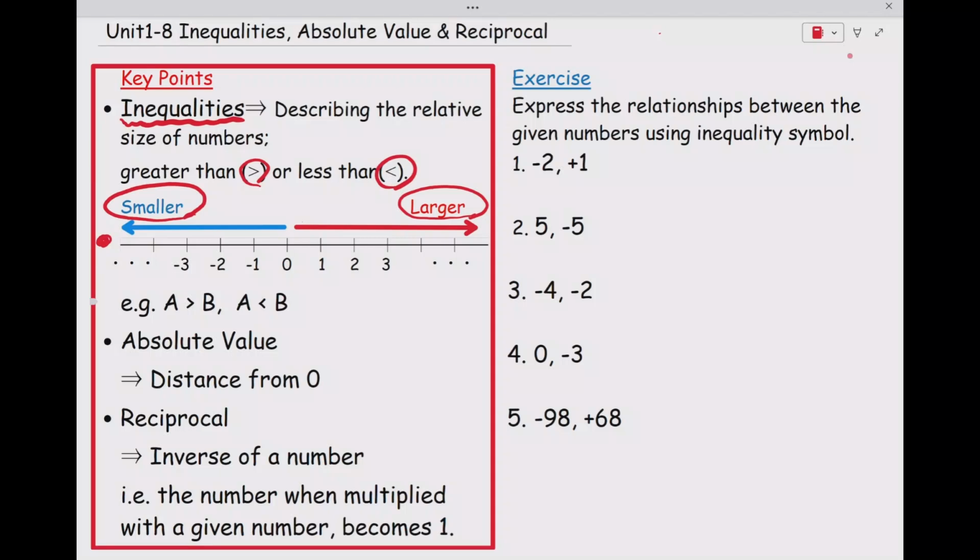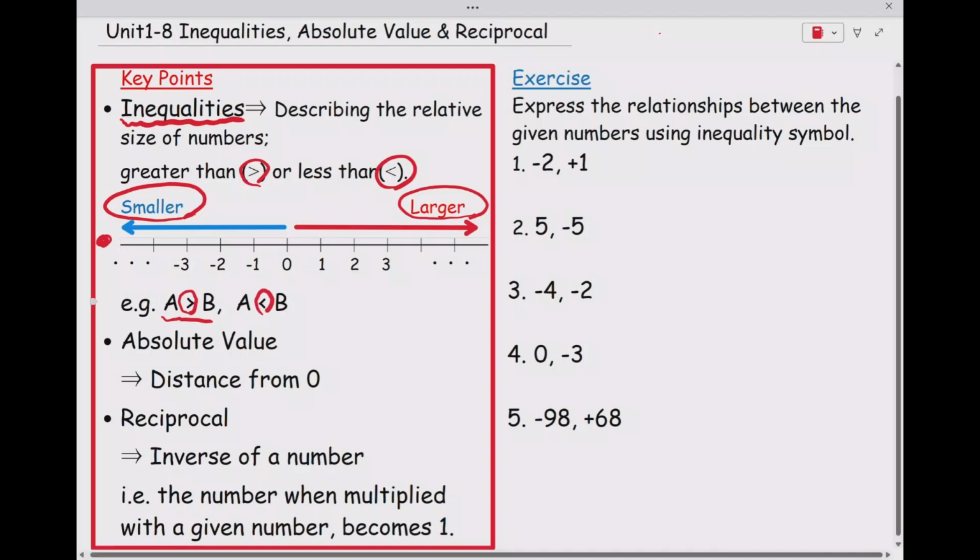For example, for A and an inequality symbol like this and B, it reads A is greater than B. For A and an inequality symbol like this and B, it reads A is less than B. Remember that the number on the open side is the larger number.